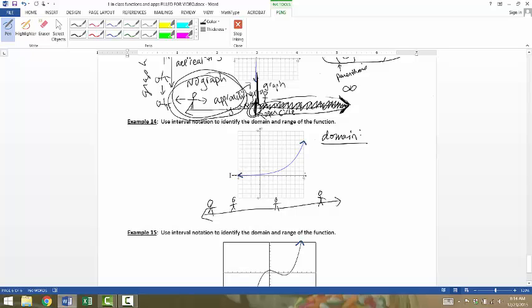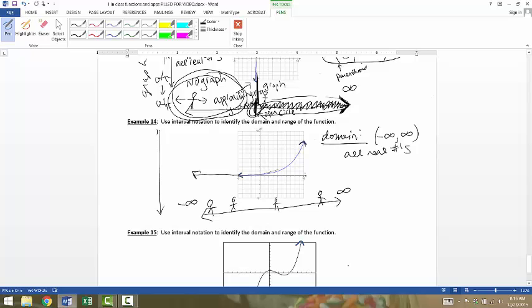So over here we see this graph looks like it's just extending to the left forever. So if I walk to the left, there would be graph all the way down to negative infinity. And if I walk to the right, there's graph, and there's an arrow on the end. It looks like it just never stops. From left to right, this graph exists forever. The domain would be from negative infinity up to positive infinity. It's all real numbers. The graph exists everywhere from left to right.